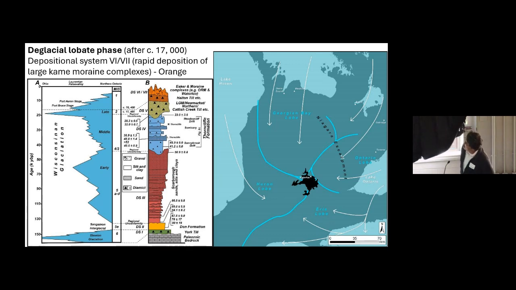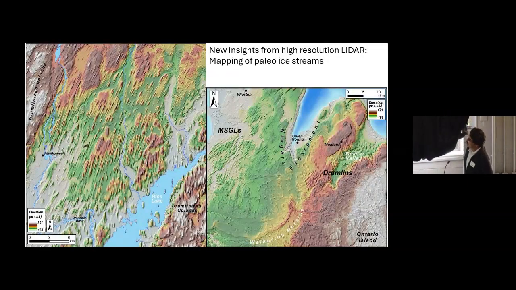This is when we have the deposition of depositional systems 6 and 7, namely large kame moraine complexes such as the Waterloo moraine, as we can see on the figure on the right. This rapid deposition occurs through a mechanism called ice streams.